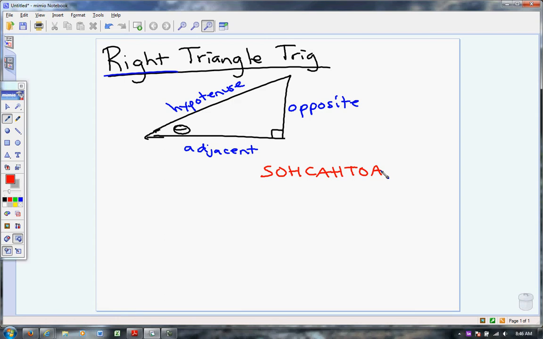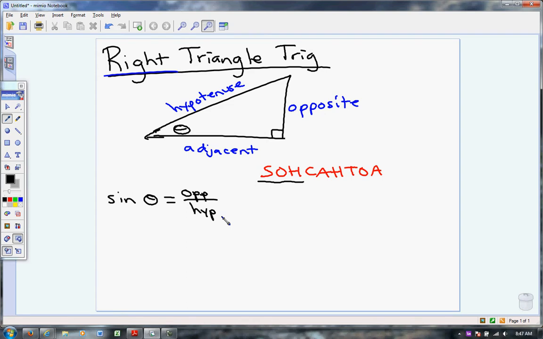Sohcahtoa means, for this first part, SOH, that the sine of theta is equal to the opposite side over the hypotenuse. The sine of an angle, now we have to be talking about a right triangle, is equal to the opposite side divided by the hypotenuse.